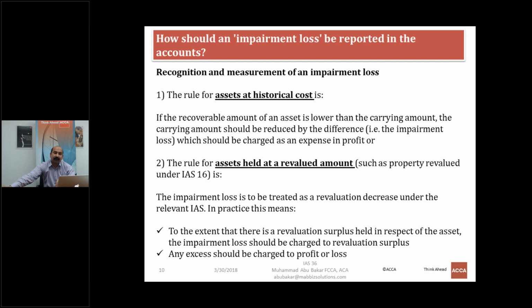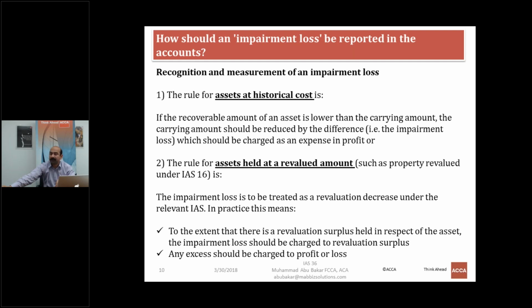The rule for an asset at historical cost is, if the recoverable amount of an asset is lower than the carrying amount, the carrying amount should be reduced by the difference. This difference is termed an impairment loss, which should be charged as an expense in profit or loss.